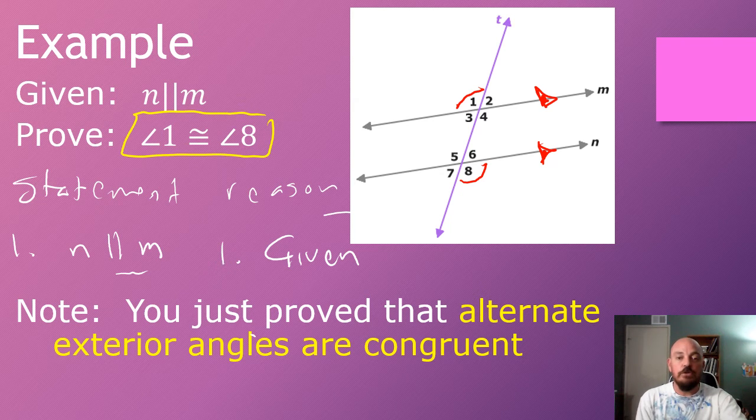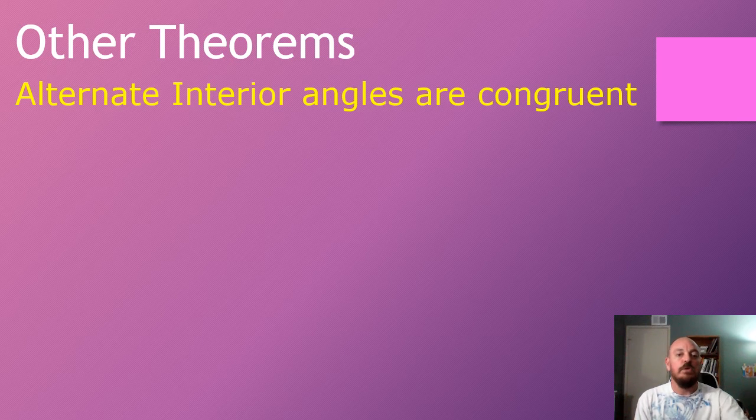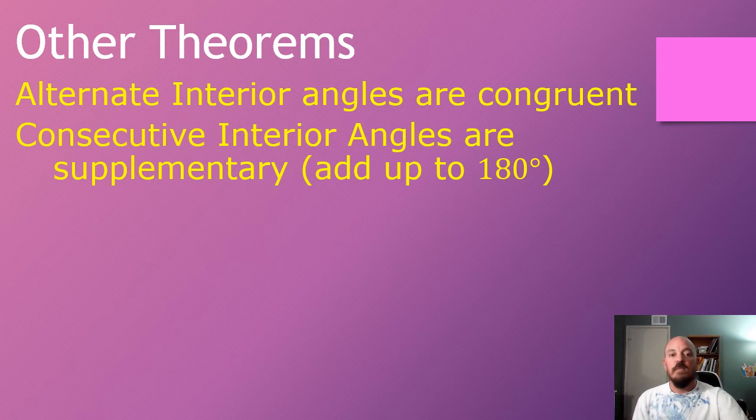All right, so I'm not going to do the work for it, but we could also do a very similar proof that would end up showing that alternate interior angles are congruent. And we could do a proof that shows consecutive interior angles are not congruent, but supplementary, meaning they add up to 180. So right at the beginning of notes today, I said, we're learning special angle pairs for this situation where you have two parallel lines and a transversal.